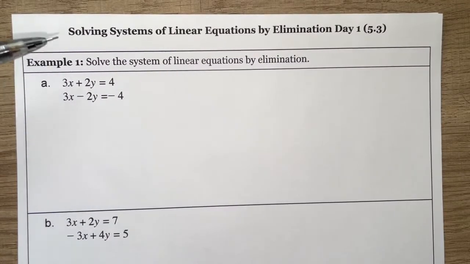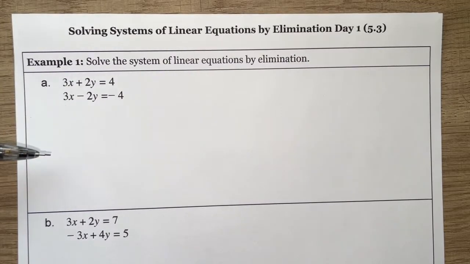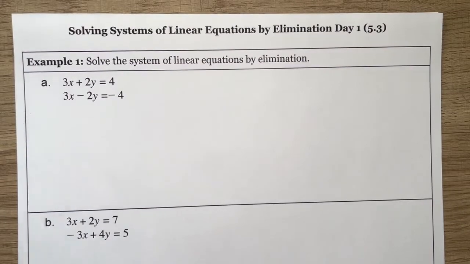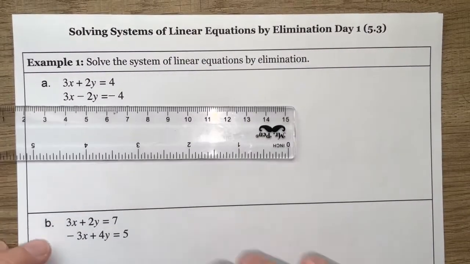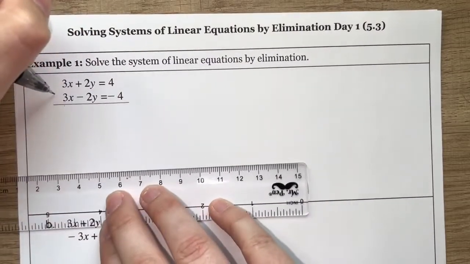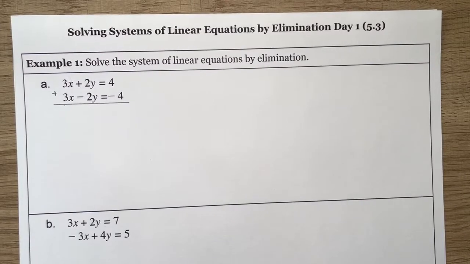Since the y has a positive 2 coefficient and a negative 2 coefficient, we're going to eliminate y in order to solve for x. To eliminate y, I can just add my two equations together, and the y term will disappear because we have the same coefficient with opposite signs.